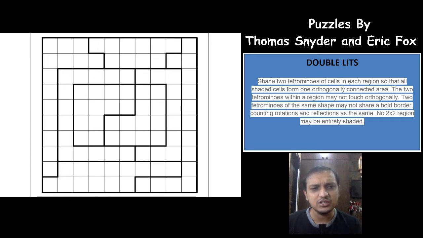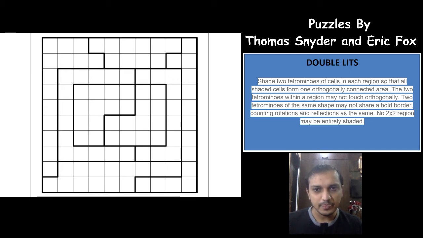And the last and the most important rule is that no 2 by 2 region can be entirely shaded. So you cannot have an O tetromino, which means at any point of time you cannot have this kind of scenario. A 2 by 2 group of cells cannot be shaded. So I'll again brief you on the rules.